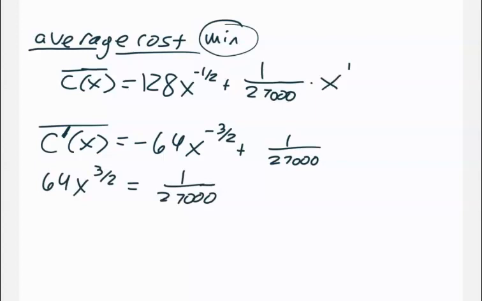So 1 over 27,000 divided by 64 is 1 over 1,728,000. I wish they had commas on the calculator sometimes. That's 27,000 times 64.